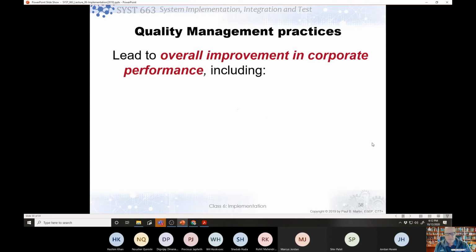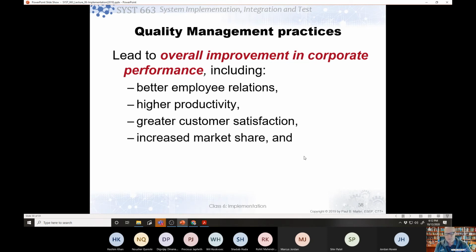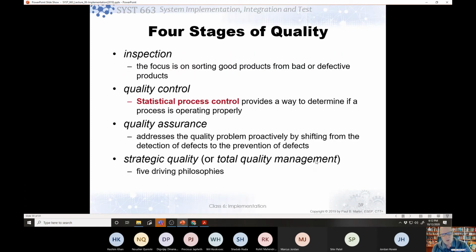So overall improvement in performance is better employee relations, higher productivity, better satisfaction from your customer's point of view, and of course, increased market share and profitability. So it's well worth thinking about how we can bring quality into the systems engineering process as well as into the program and the company that you're working for.